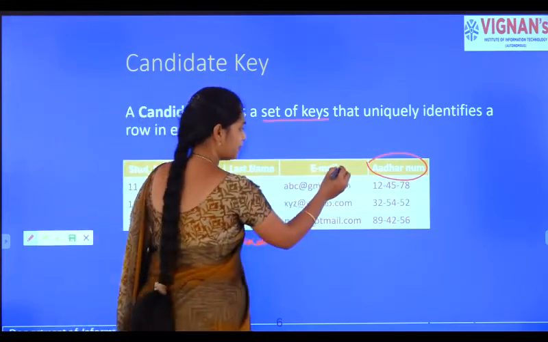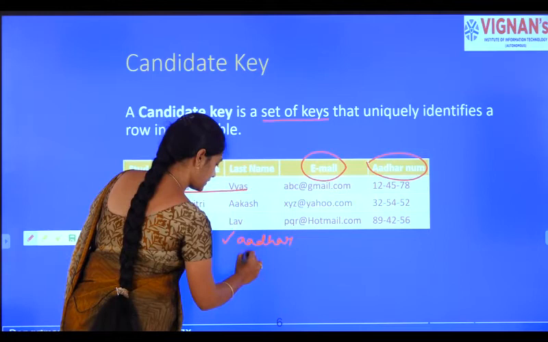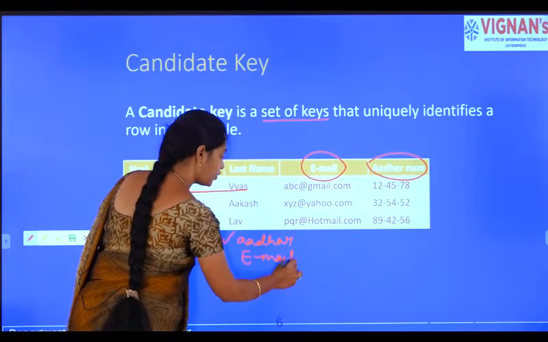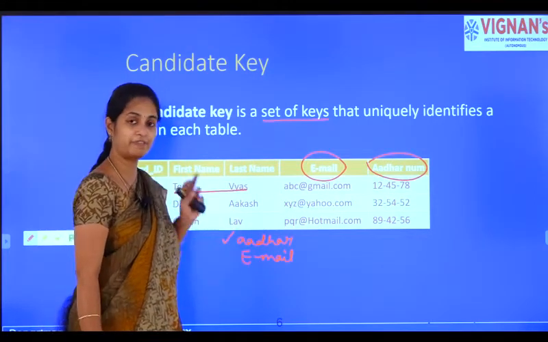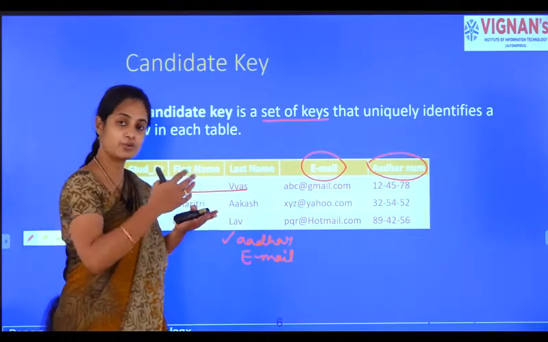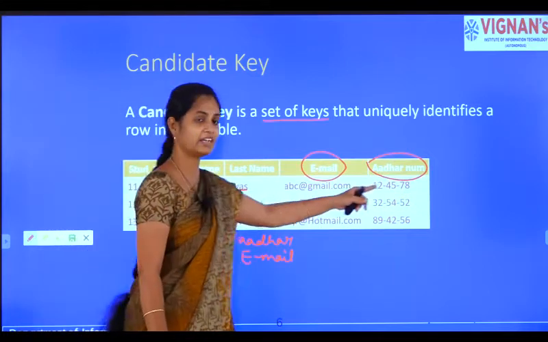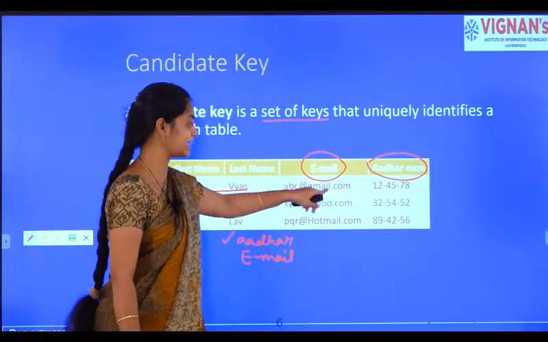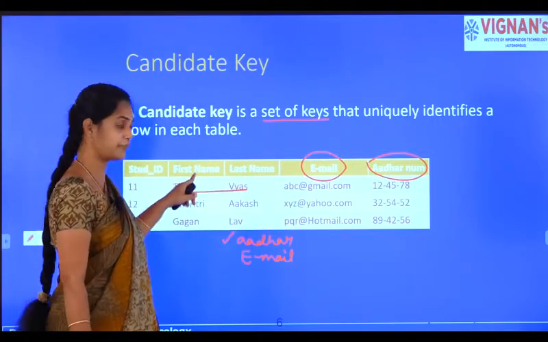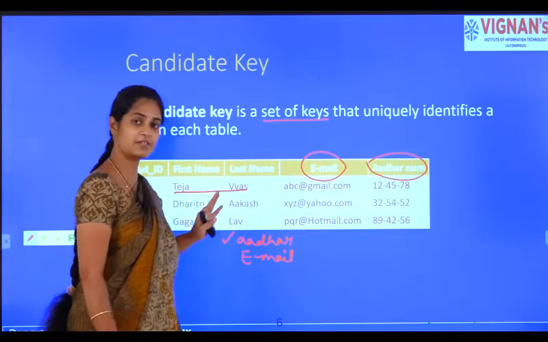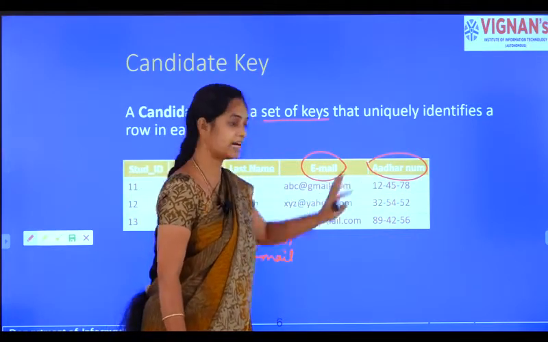Now can we go with an email? The same thing repeats with the email also. Every person will have a unique email ID. So using email ID, we can identify the entire tuple, right. abc@gmail.com belongs to student 11 whose first name is Teja and last name is Vyas, and in parallel you can know about the Aadhaar number also.